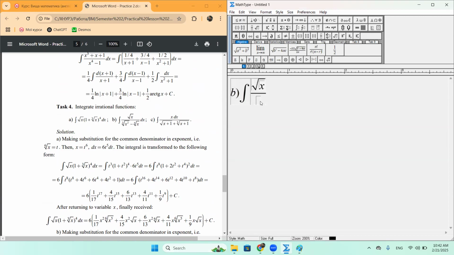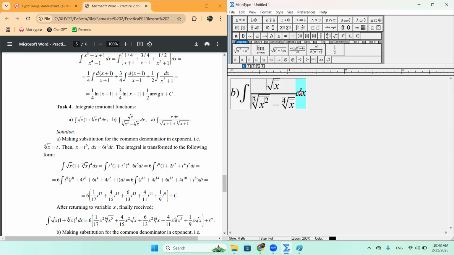So square root of x and cube root of x in power of 2 and the root of power of 4 of x and dx.